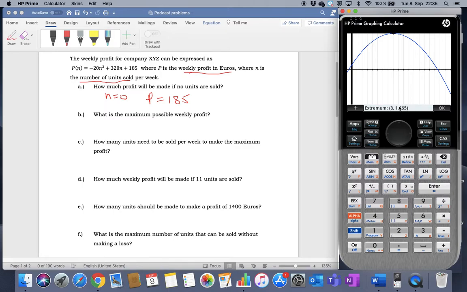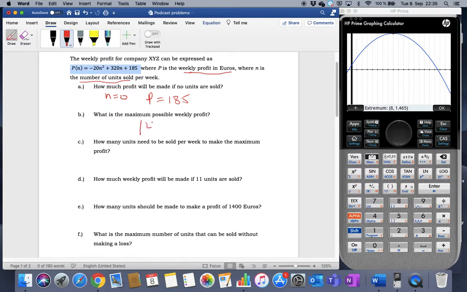So the maximum profit right here I can write down as 1465 euros. Okay, so how many units need to be sold per week to make the maximum profit? That's just this 8 right here. Okay, so we are already done there, and we know we have 8 units.